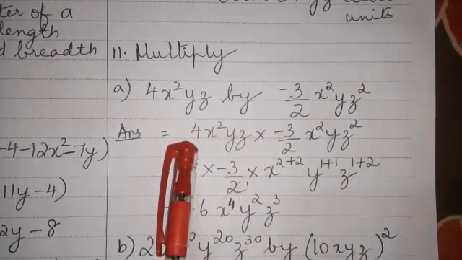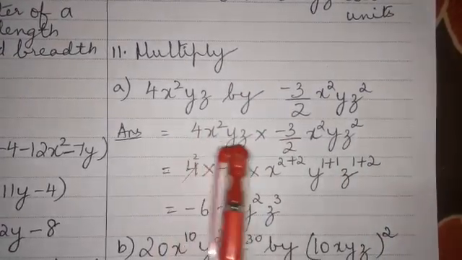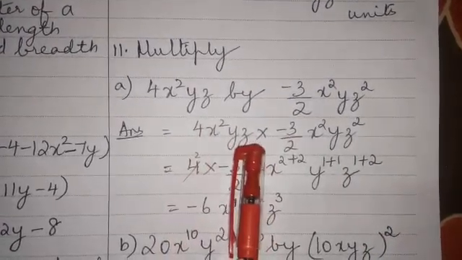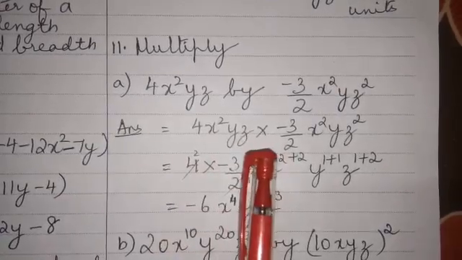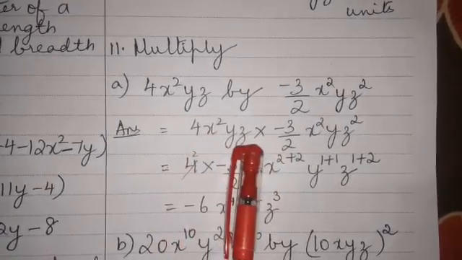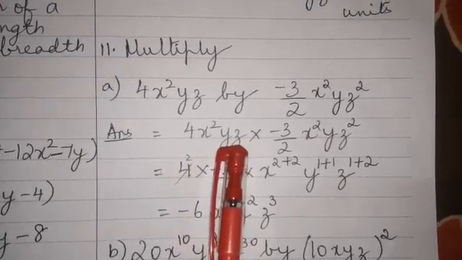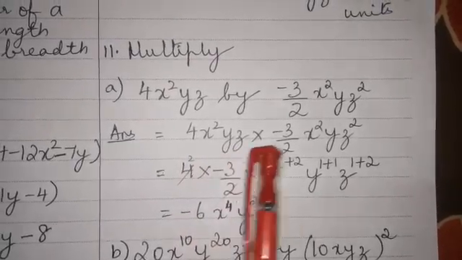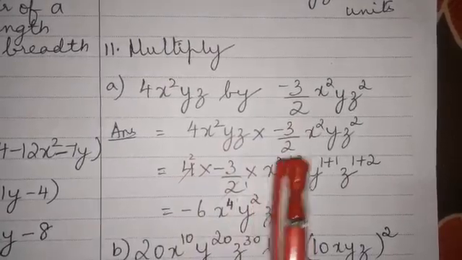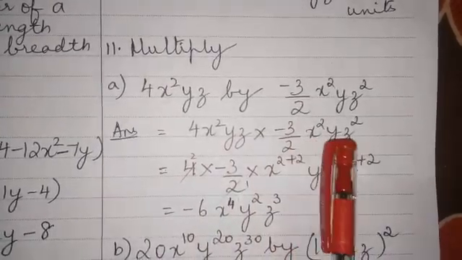This is 4 into x² into y into z. That's what it means when we write 4x² yz. 4 into x² into y into z into minus 3 by 2 into x² into y into z².